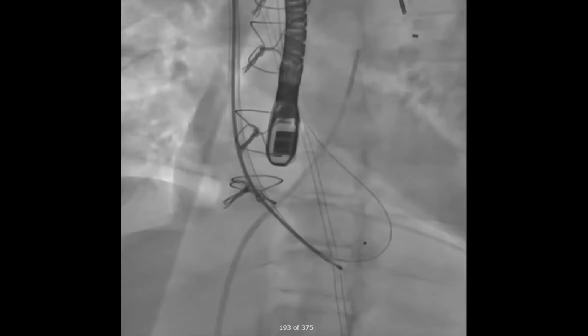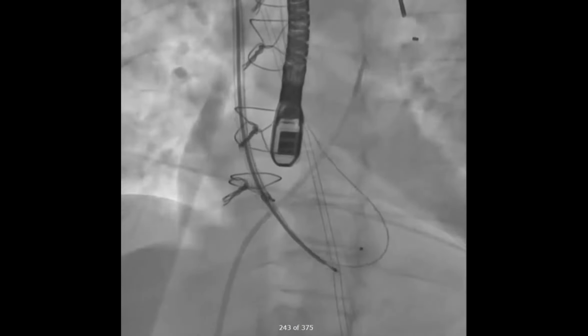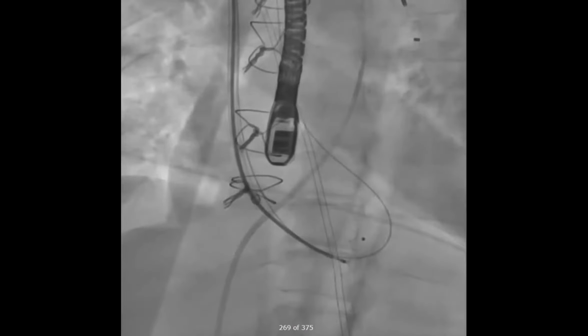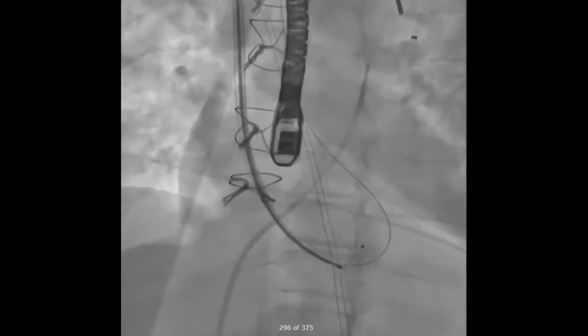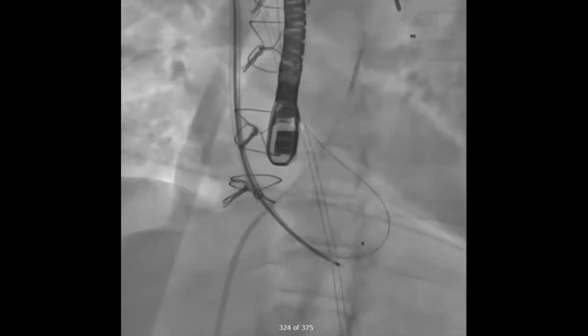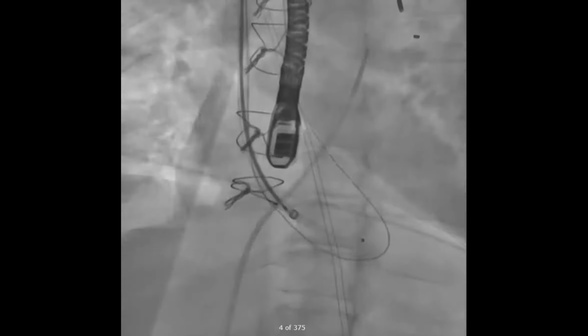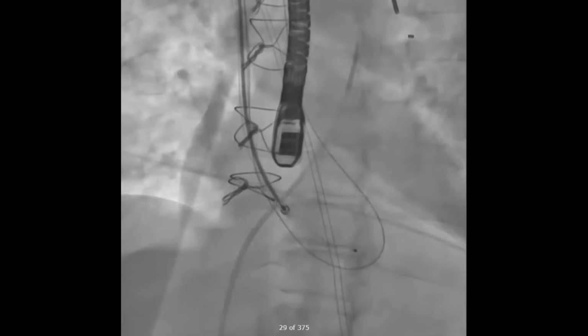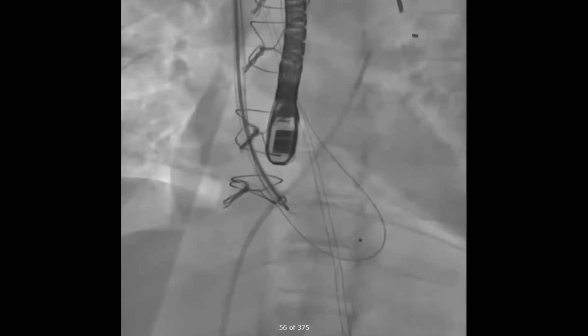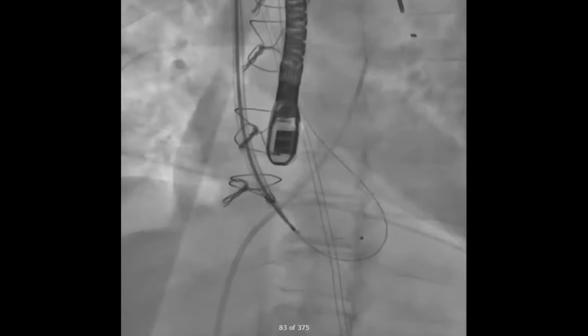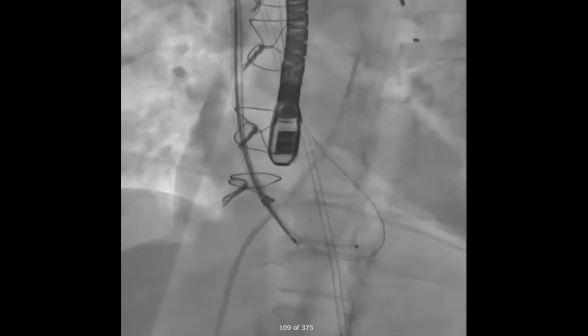The oxygen saturation in the right ventricle is 79%. The oxygen saturation in the PA is 69%. The oxygen saturation in the right atrium is 48%.